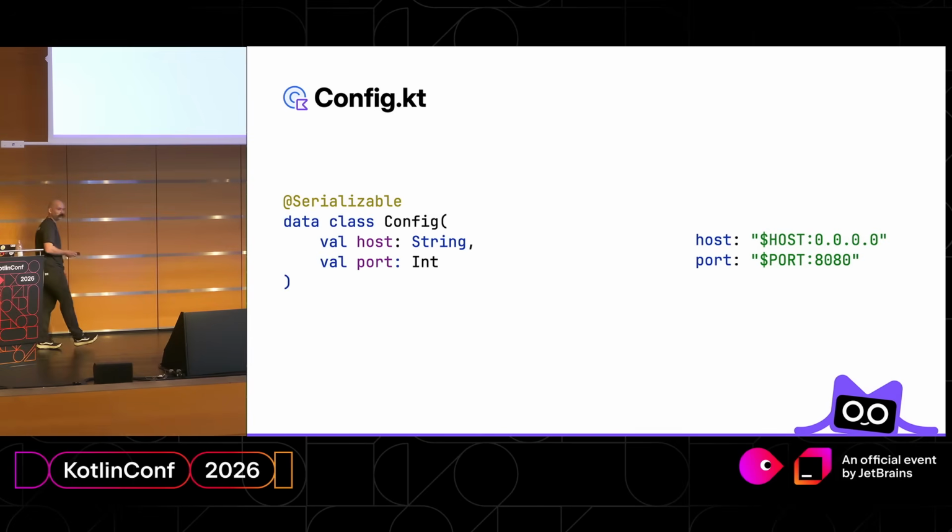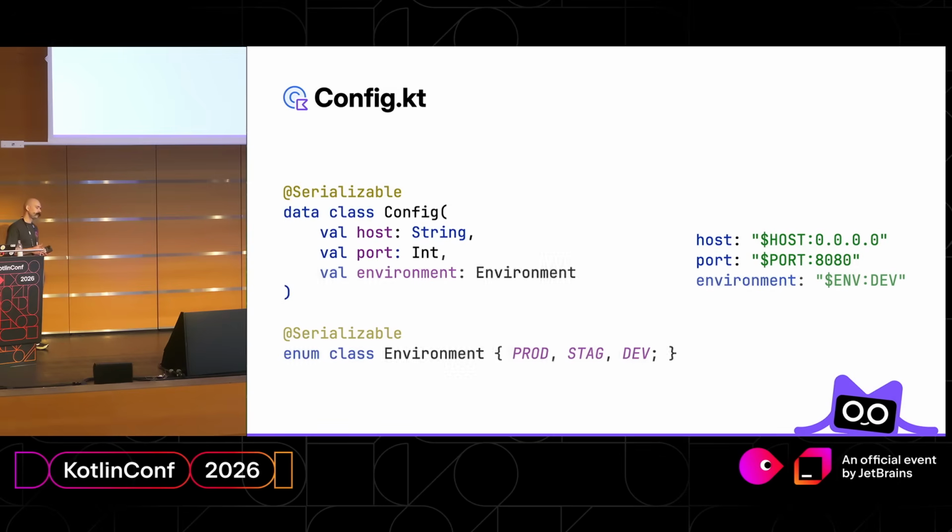So to work with this application configuration in our code, we want a typed representation, so we create a serializable data class that matches the key value pairs from our application config. There's also support for more complex types.